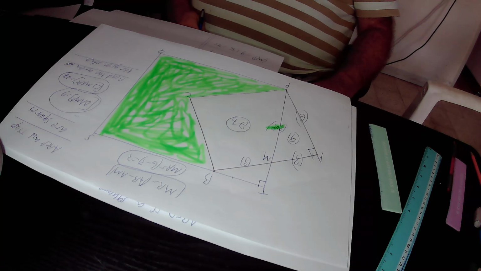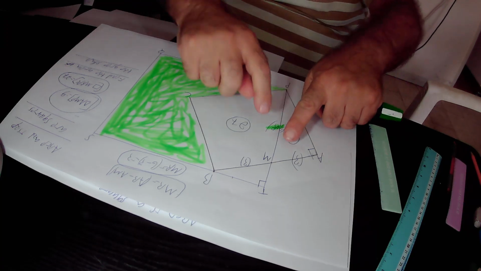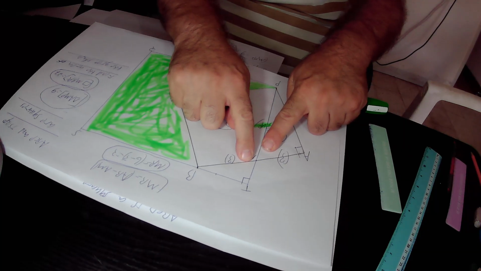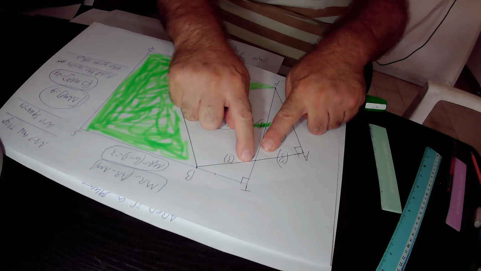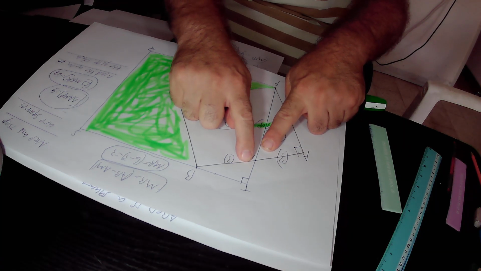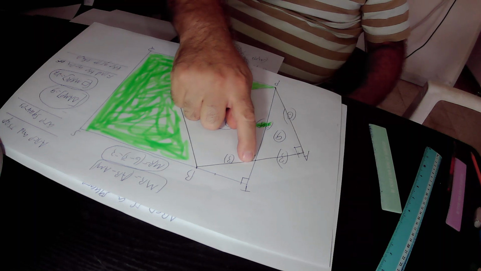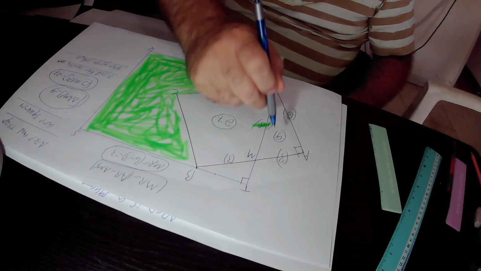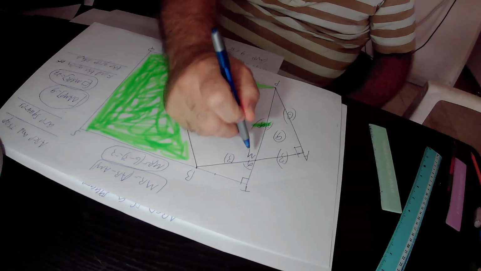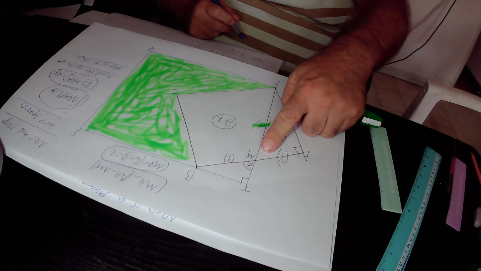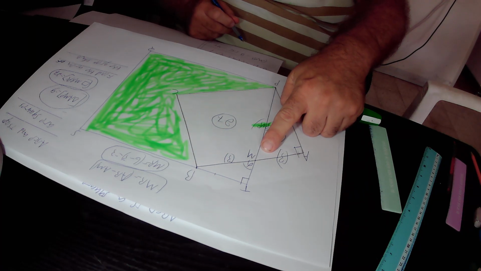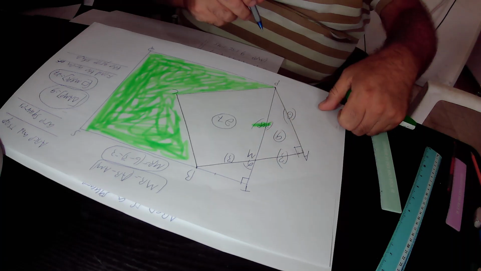We know that those two angles are defined as vertical angles, and vertical angles are equal to each other. So if we define the size of this angle as alpha, then the size of this angle must also equal alpha, according to the rule that I mentioned.